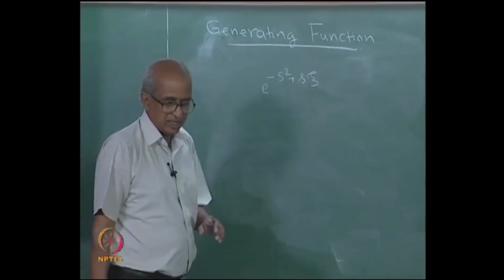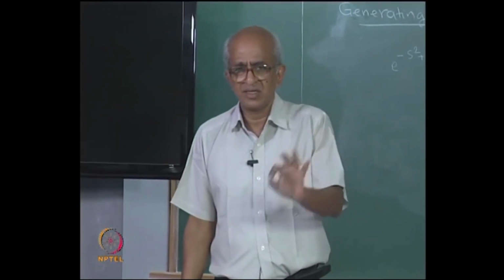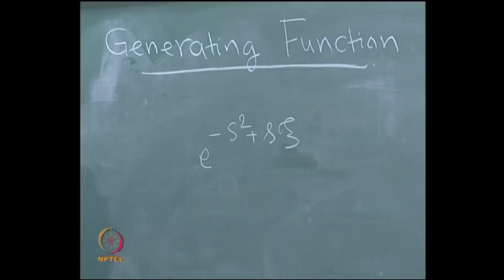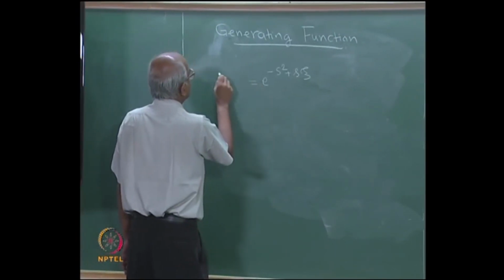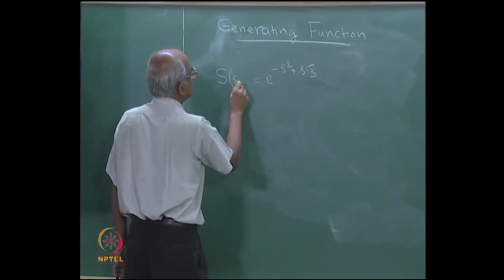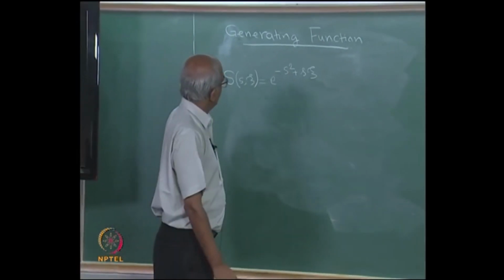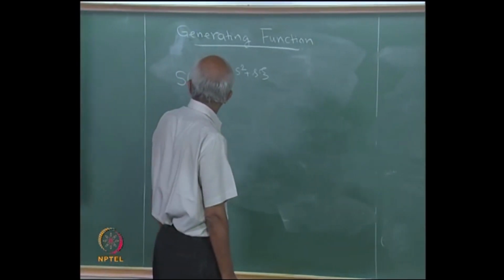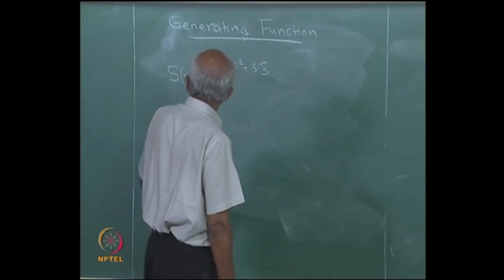See, here I have a function which depends upon two variables, one variable is s and the other is c. It is a function of two variables, and therefore, I am going to write this as some capital S which depends upon small s and c. Okay.